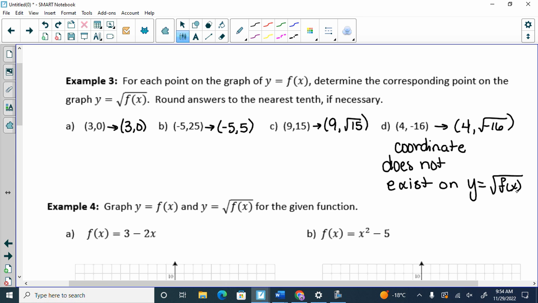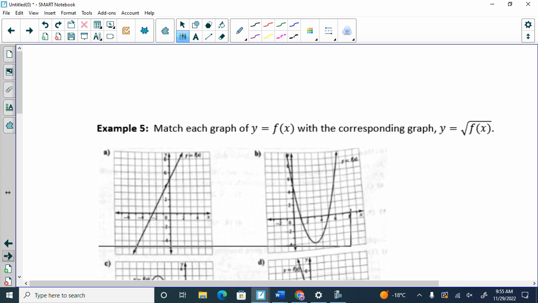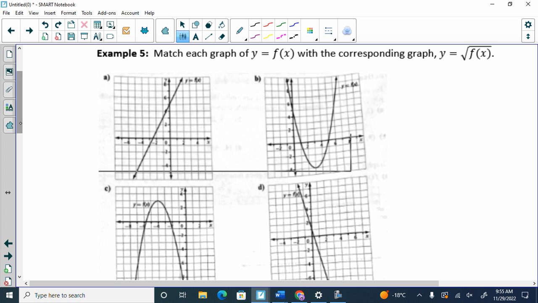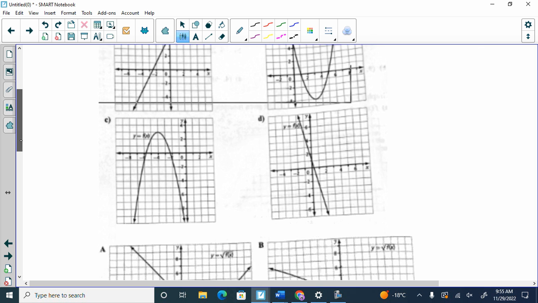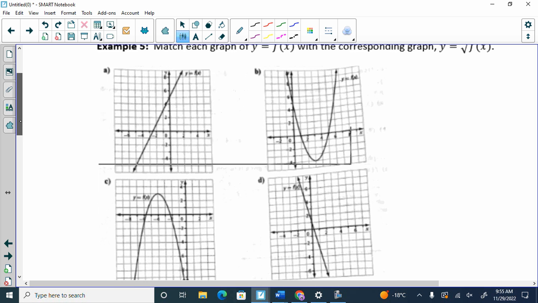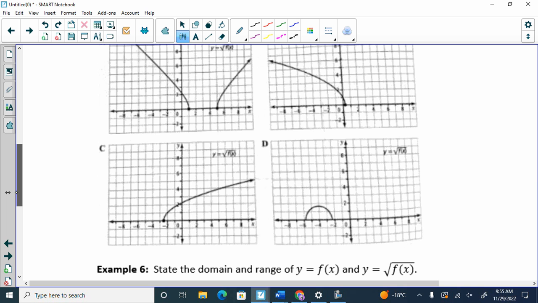Then I want to flip over again. And I want you to pick the matching graph. So it's example 5. They're a little wonky. I scanned them and they went crooked. Couldn't hold the page straight. You'll be fine. Pretend they're straight. I believe in you. So these are the originals. These are the options of its rooted. Okay, match.